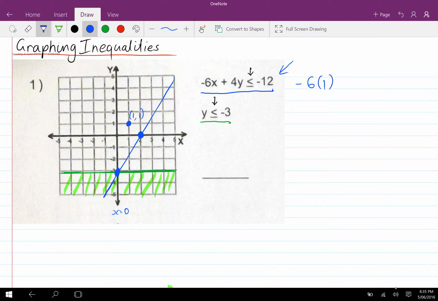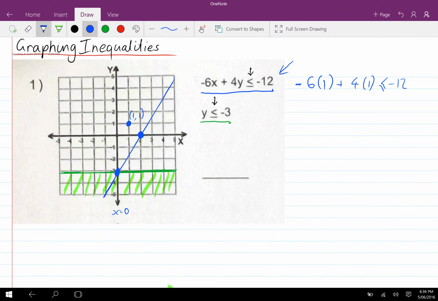Oh, and I forgot my minus straight away. Okay, plus 4y. Sorry, y is 1 as well. So 4 lots of 1. And then is less than or equal to minus 12.